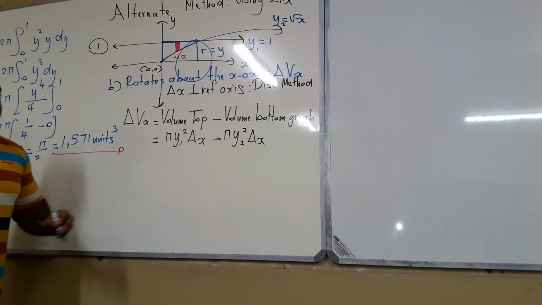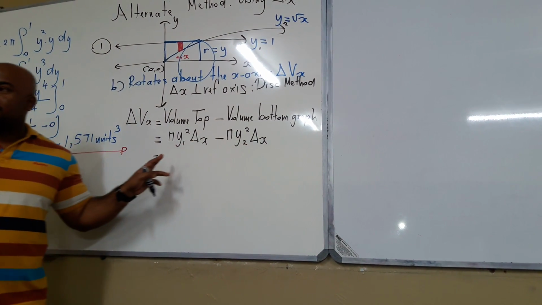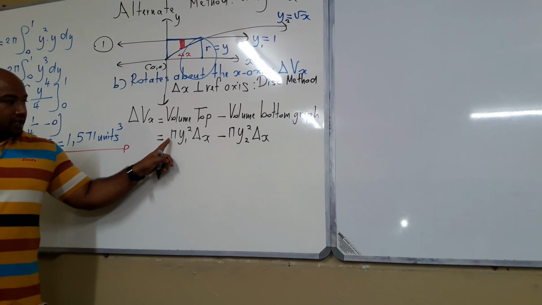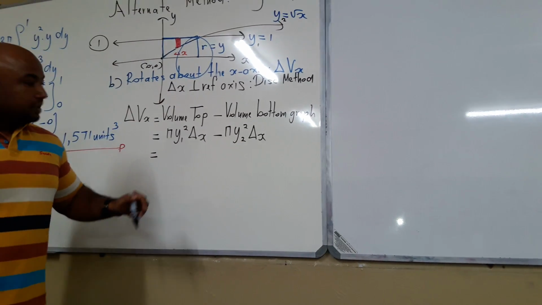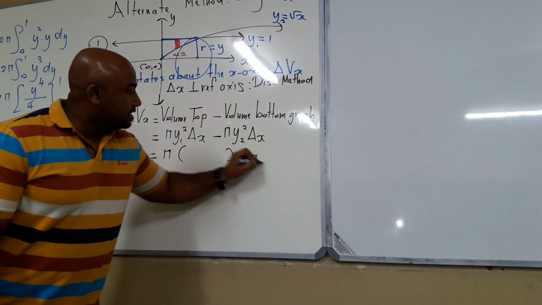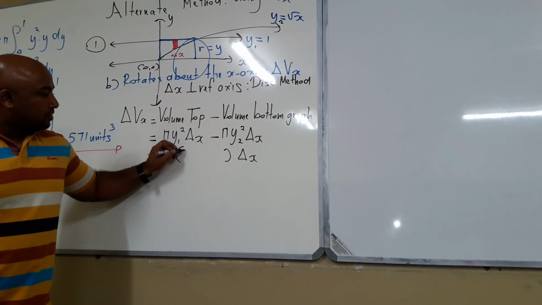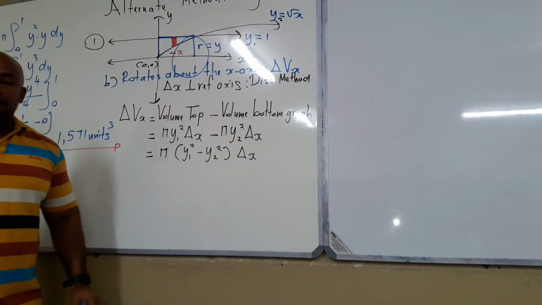Now, we can take out a common factor here. What's common here? Pi is common and also delta x is common. So we take out pi in the front and delta x in the back. So that will be y1 squared minus y2 squared.